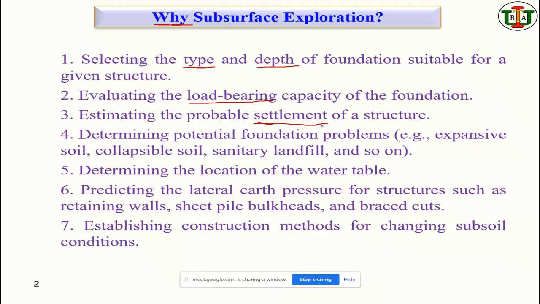Is there any difference between consolidation and compaction? Like initial settlement and consolidation, is there any difference? What is initial settlement and what is consolidation?